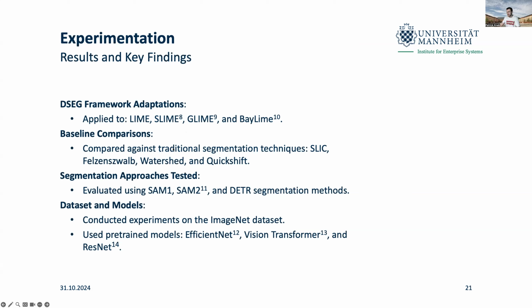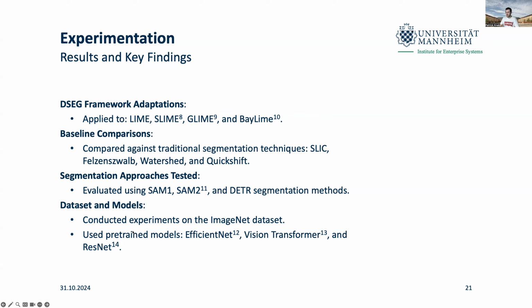For the baseline, we compare against traditional segmentation techniques like SLIC, Felzenszwalb, Watershed, and Quickshift. Those are the 4 segmentation techniques that I showed you in the beginning with the dog playing the guitar. For segmentation approaches, we tested Segment Anything 1, Segment Anything 2, and the DETR segmentation method.